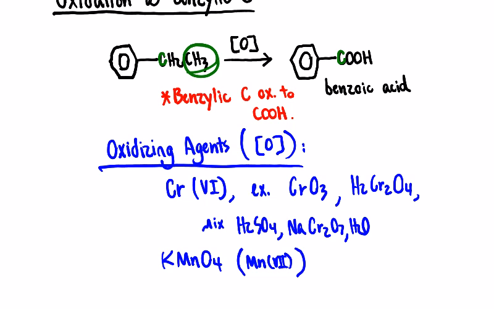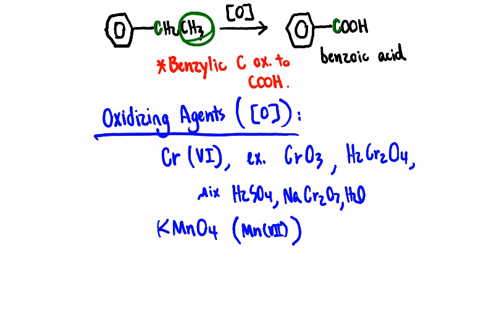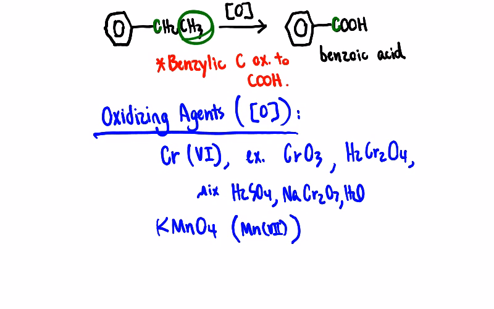There are also enzymes that will interestingly carry out oxidation reactions. Those enzymes are often referred to as cytochrome P450s. Enzymes in the human body and other organisms will catalyze oxidation reactions, and those are called cytochrome P450s.